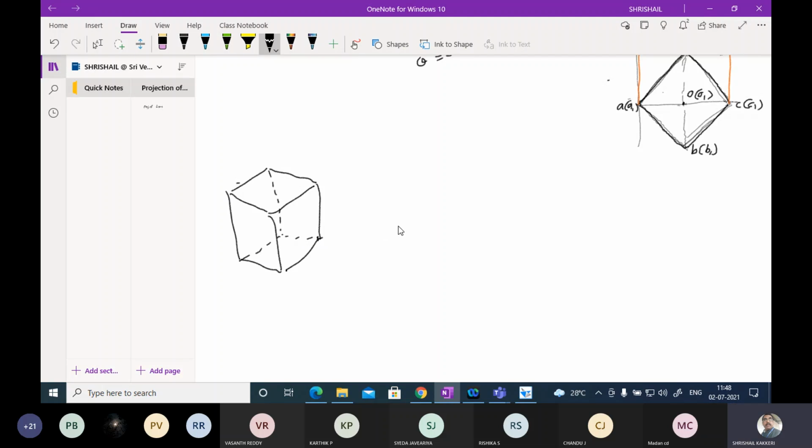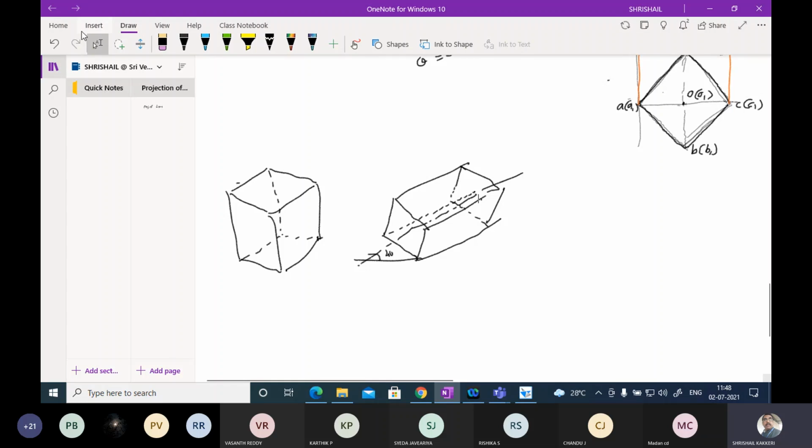Then after this, through this corner, I am going to lift it. You see, it is 45 degree, and I am going to lift it. Okay, this is how I am going to do it now.